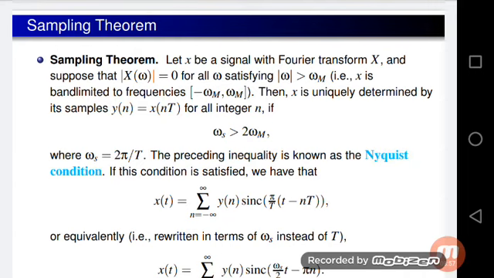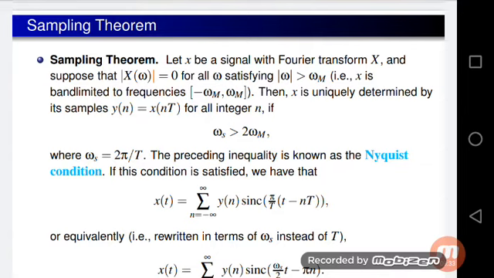And now we are entering the sampling theorem. Statement: let x be a signal with the Fourier transform X, and suppose that X of omega is equal to 0 for all omega satisfying mod omega greater than omega m, and the frequency band minus omega m to omega m.